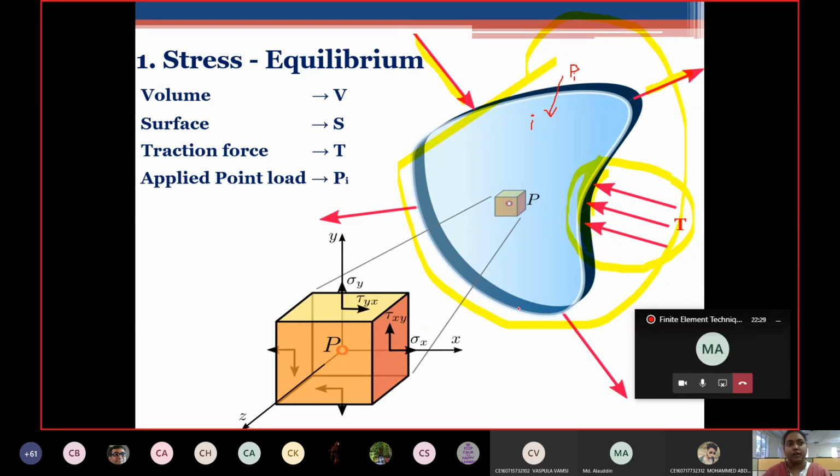When we talk about analysis, it means we are trying to find out either the deformation, the displacement, or the stress produced in the member, or the strain. All these categories come under the analysis part. Now, in this complete structure, whether surface, body or whatever we have, we will take a finite cubical body, a 3D cube structure.